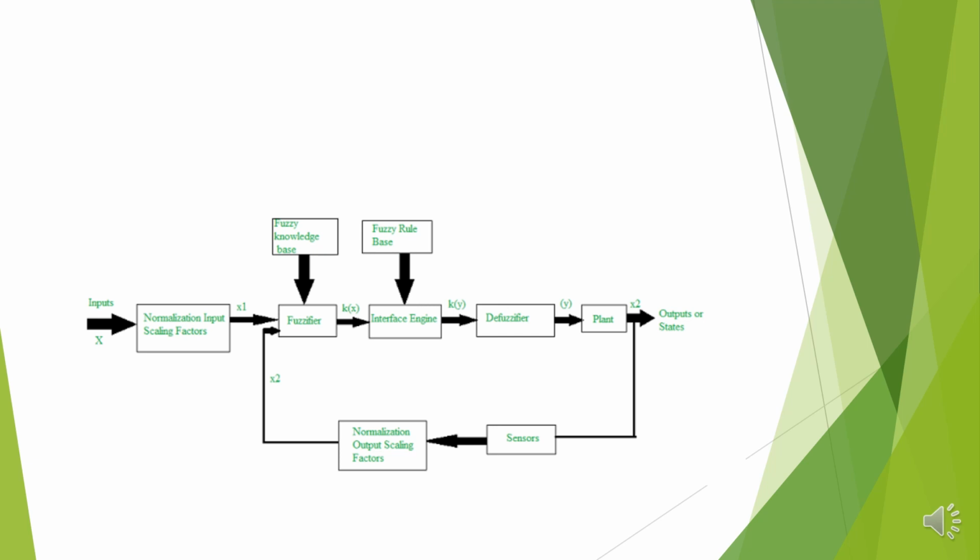It is processed with the fuzzifier where the fuzzy knowledge base is connected, then it enters the inference engine, then goes to the defuzzifier and finally to the plant. The output has been given, and again it is fed back. This is called a feedback loop. Part of the output is sensed here, and you go through the normalization output scaling factors to give an input to the fuzzifier. So it is a repeated process, a feedback process where you can get various outputs or states.